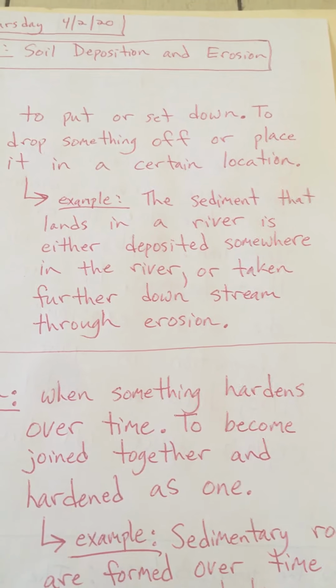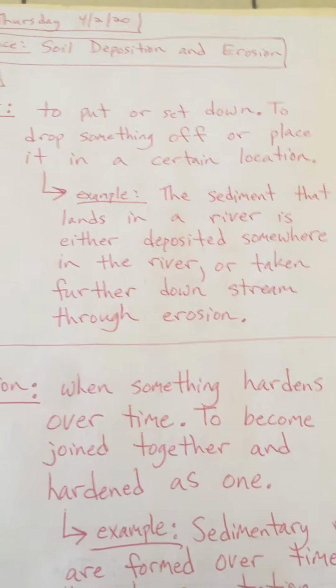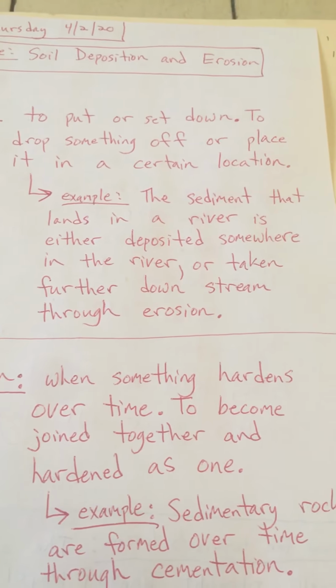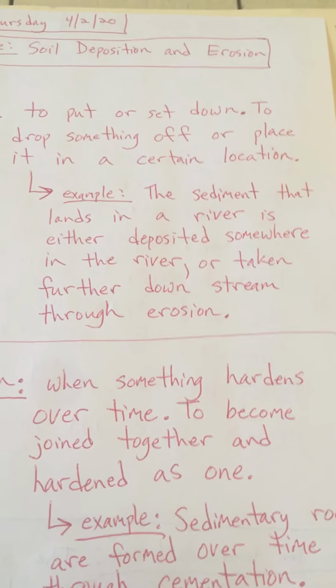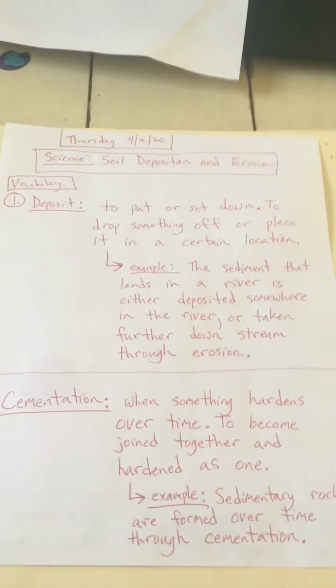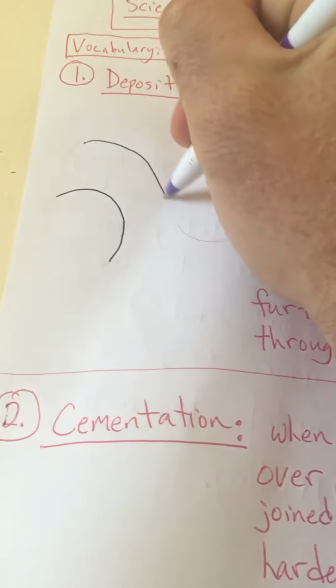So watching that video, you'll see that sometimes it lands in a spot, it gets deposited in a certain spot in the river where the water is not flowing as fast. Or it is taken further downstream through erosion. Okay, so that is the word deposit. It is being dropped off in a spot. Okay, so yesterday we saw the curve of a river going this way.